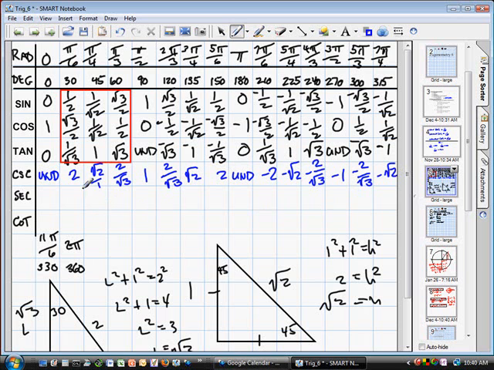Okay, then the secant is the reciprocal of the cosine. So where am I looking? My eyes are fixed on the cosine line right now, right? I'm up here. The reciprocal of this guy.